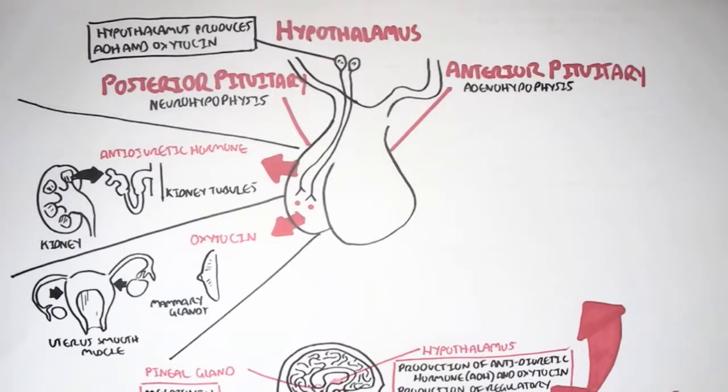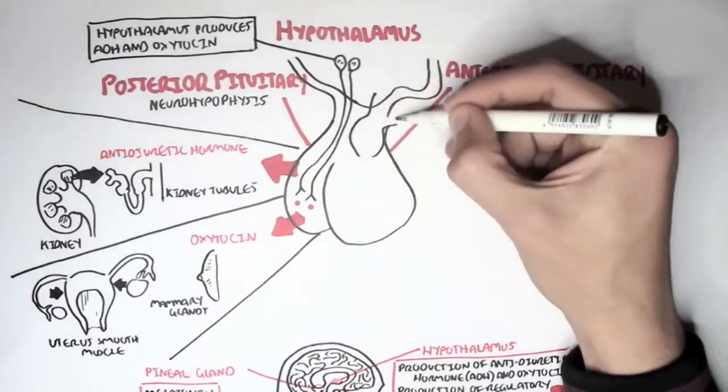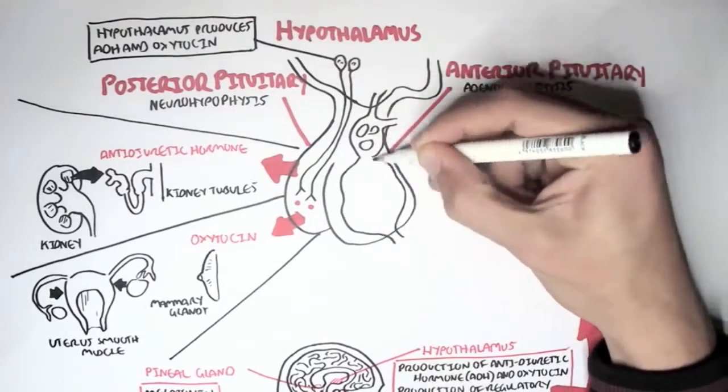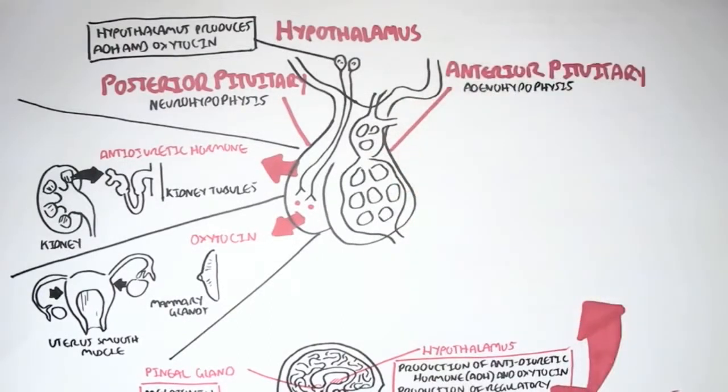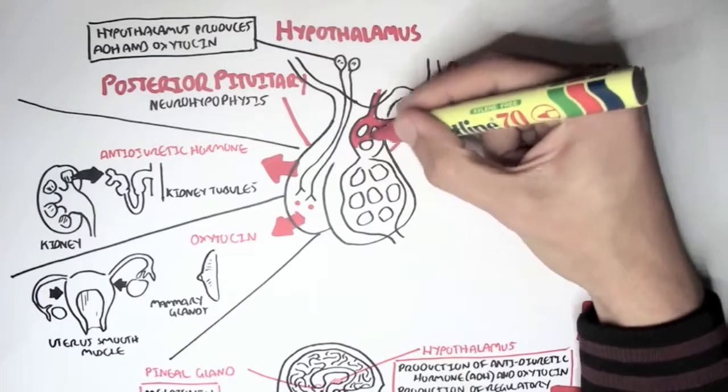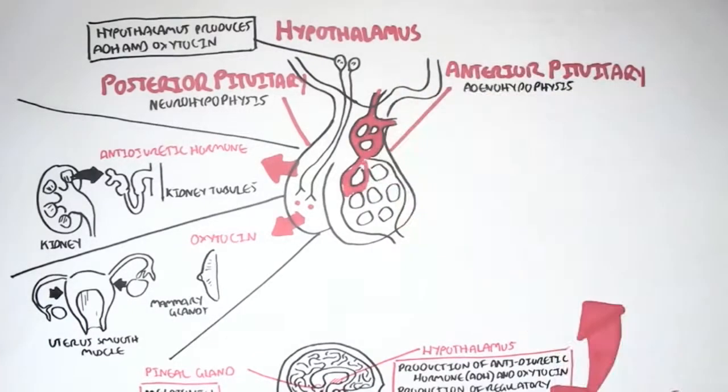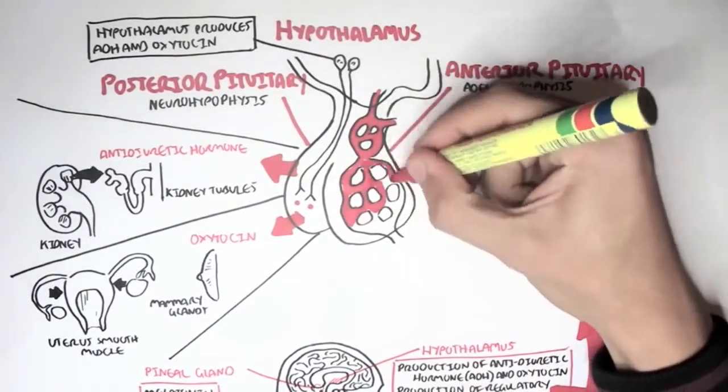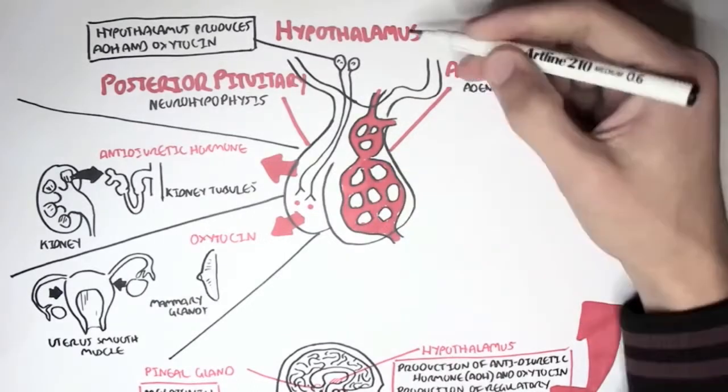Now let's look at the anterior pituitary. Now the anterior pituitary is different than the posterior pituitary in that the anterior pituitary makes its own hormones. However, most of these hormones can only be secreted when there is some form of confirmation from the hypothalamus.